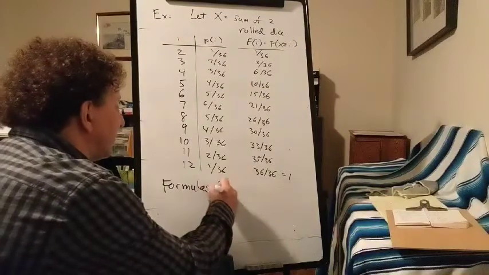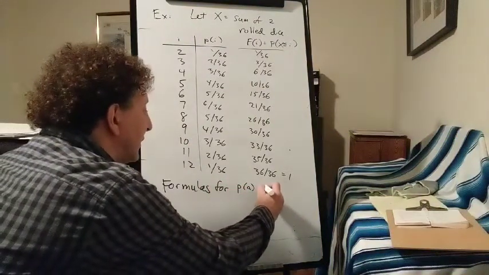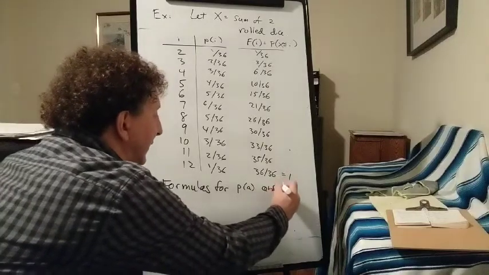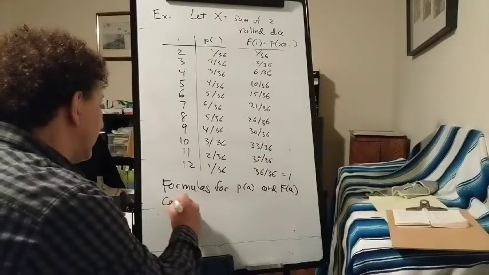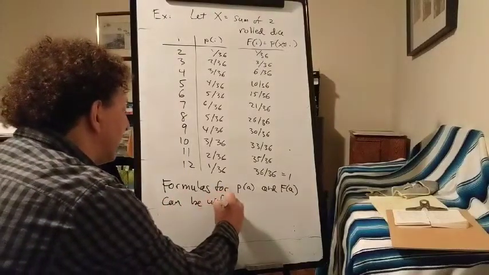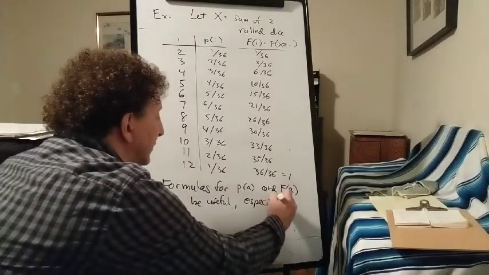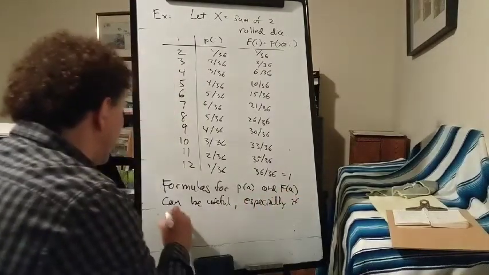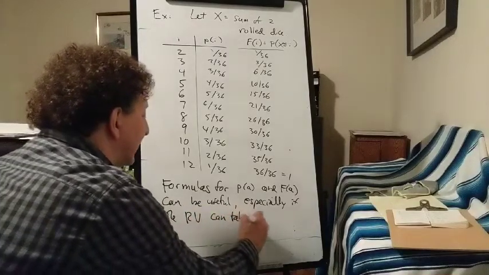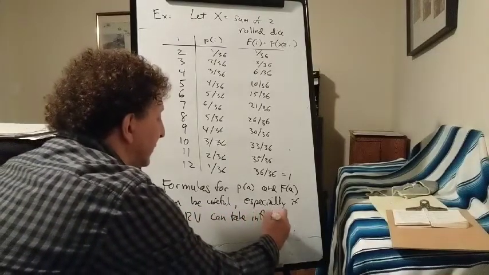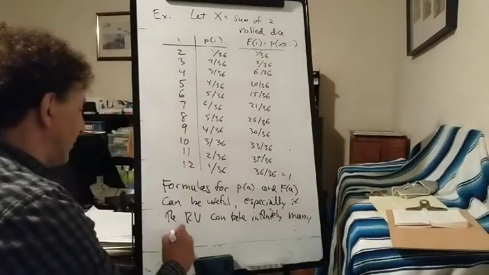So formulas for the mass function and the cumulative distribution function can be useful, especially if the random variable can take infinitely many values.